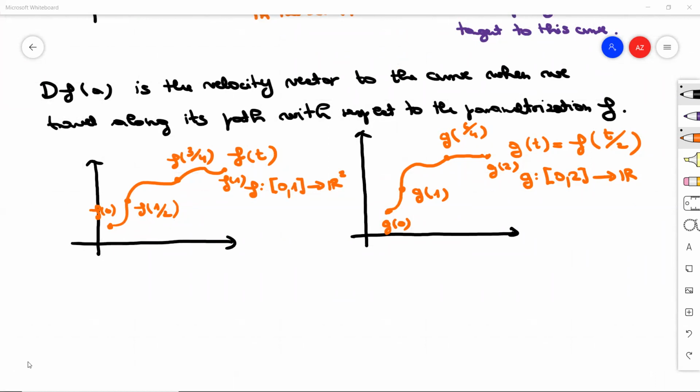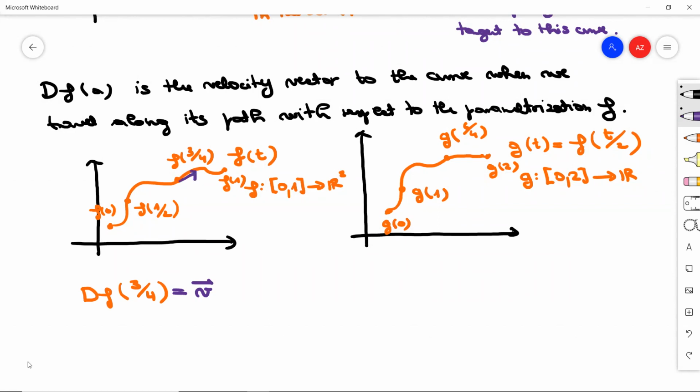And now I calculate the derivative of f at the parameter 3/4, and I get some velocity vector. Let's say I will draw this vector v in the picture. It will be tangent to the curve. This is always the case.